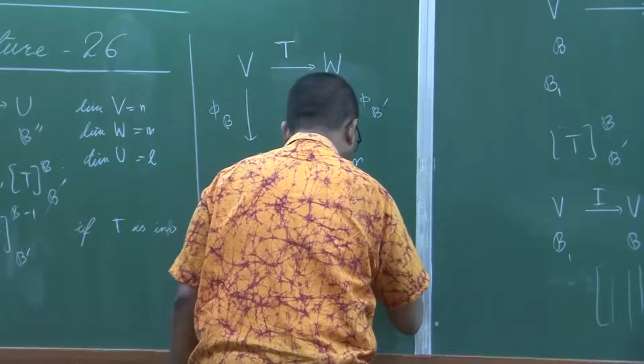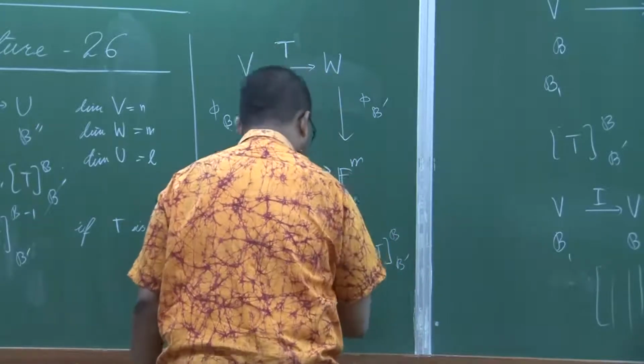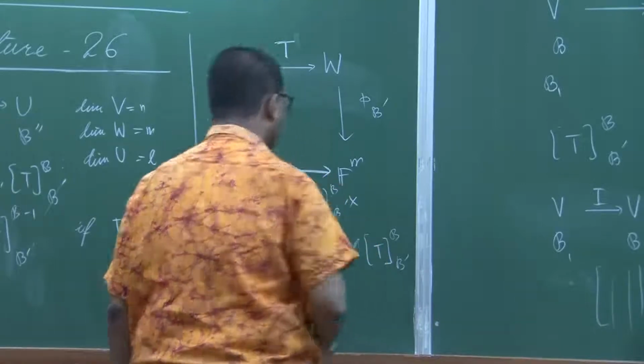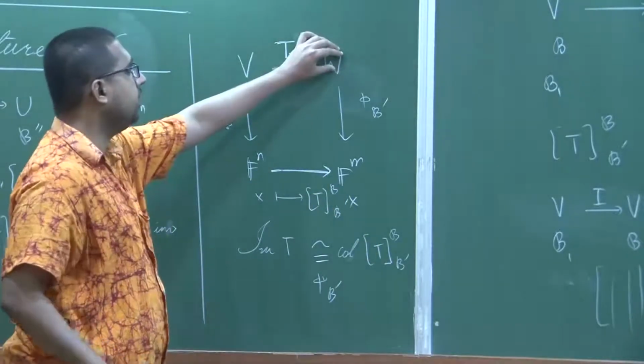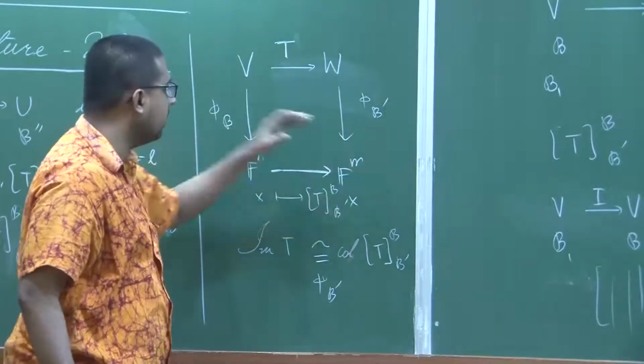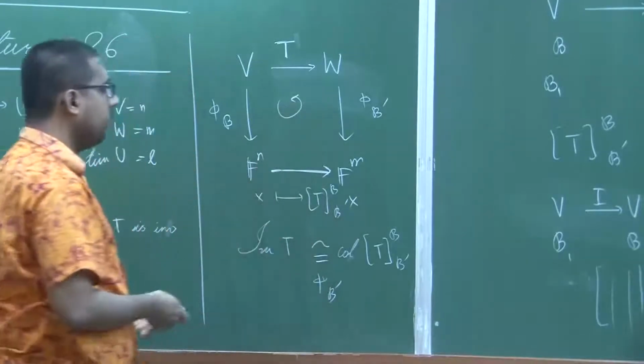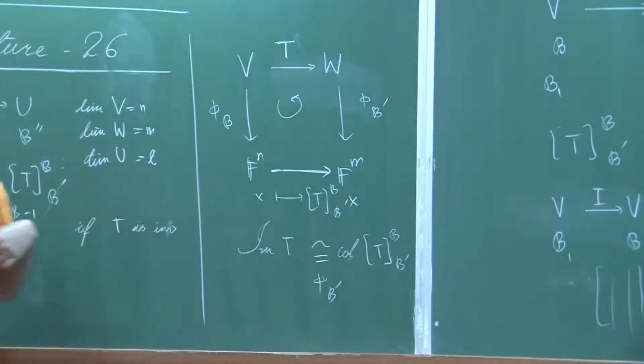So the column spaces are isomorphic by phi_B', because it goes here. By the isomorphism, where it comes down is the same as where it goes. That is very easy to see, because these are isomorphisms.